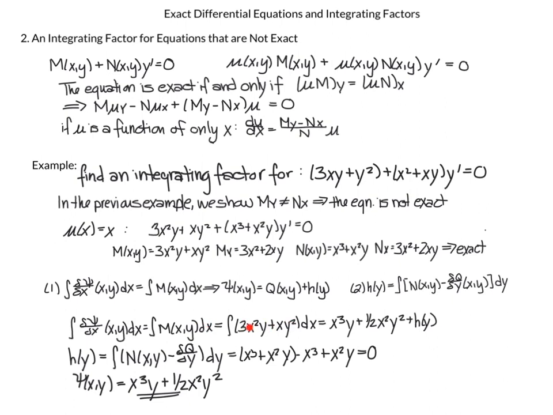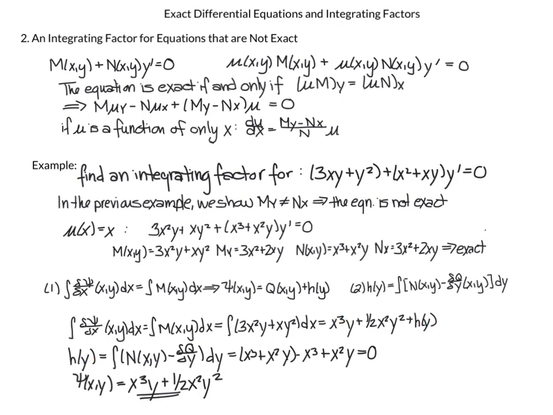So I'm going to plug in my M(x,y), which is 3x squared y plus xy squared, integrate with respect to x, and I'll get x cubed y plus 1/2 x squared y squared plus some function of y, which goes away if we take the derivative with respect to x.